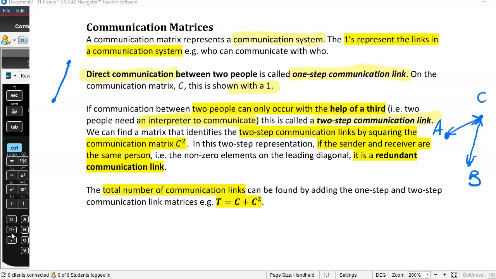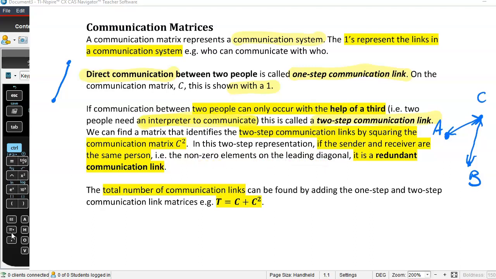We can find a matrix that identifies this two-step communication by squaring that original matrix C, so C squared. In two-step communication, if the sender and receiver are the same person, it is called a redundant communication link. These are the non-zero elements on the leading diagonal.